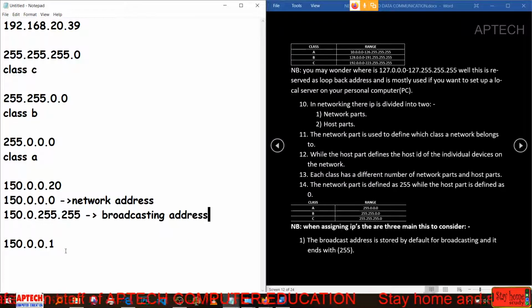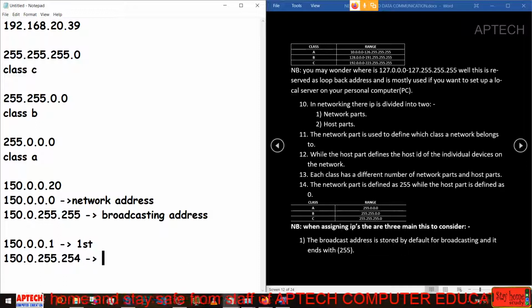Next thing is the first IP. Now 150.0.255.254 is the what? Is the last IP address.